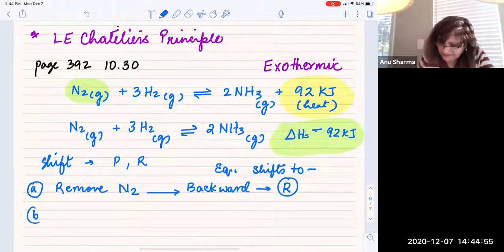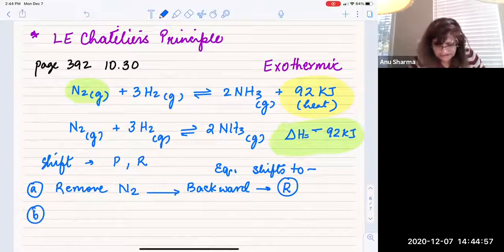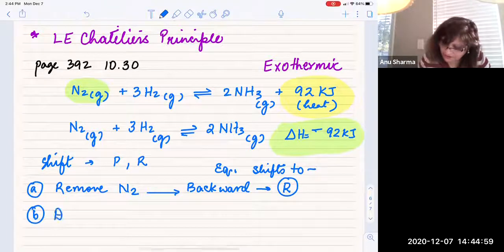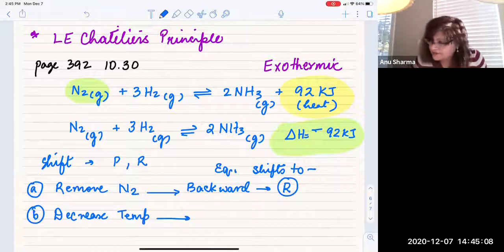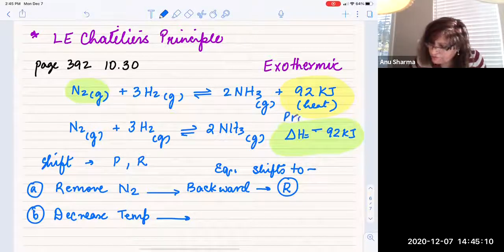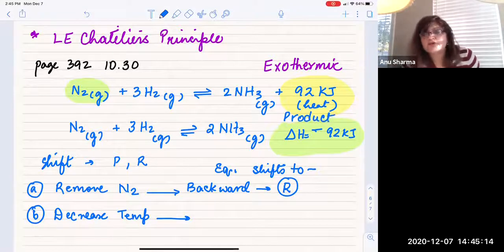Okay, our next question is decreasing the temperature. Remember, in this case, pay attention to the situation where heat is a part of the product. Heat is a product. So now you remove this product, 92 kilojoules of heat.